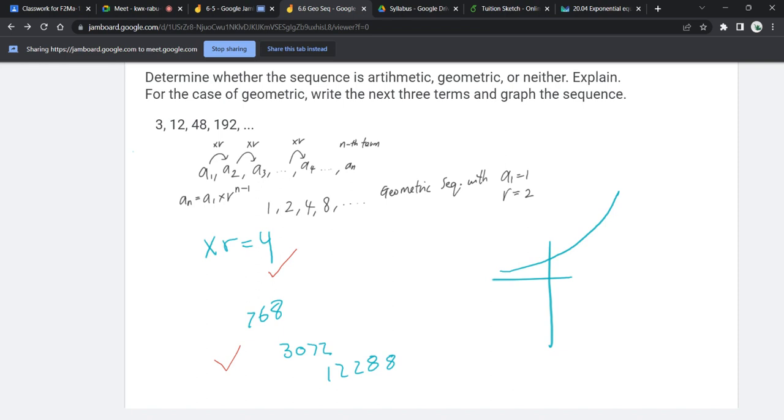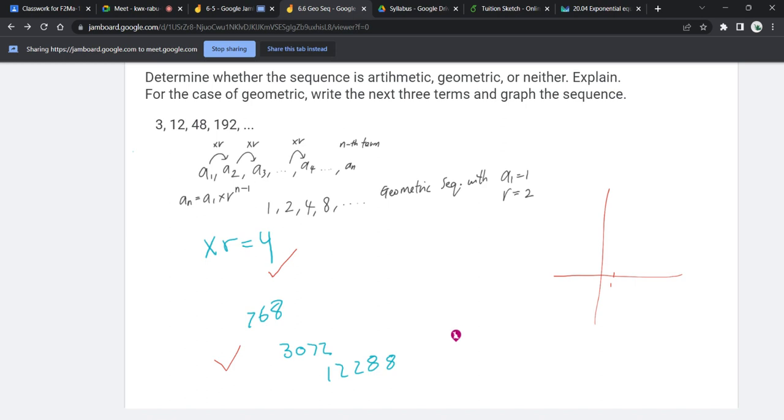Okay. Graph the sequence. So actually, if it wants us to graph the sequence, we cannot draw the whole function, because to graph the sequence, actually we will need to plot only for the integers.